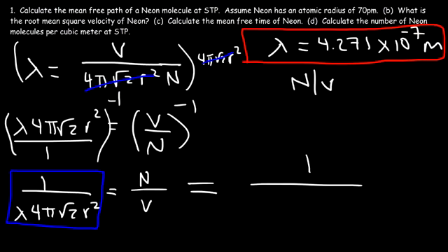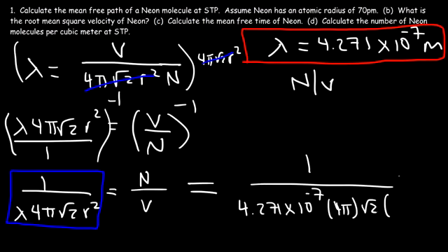So it's going to be 1 over lambda, which is 4.271 times 10 to the minus 7, multiplied by 4 pi times the square root of 2, and then r, that's 70 times 10 to the minus 12, and then squared. So go ahead and plug that in.